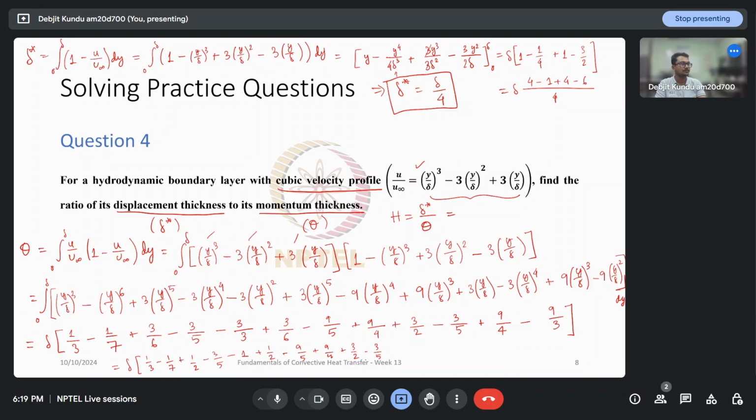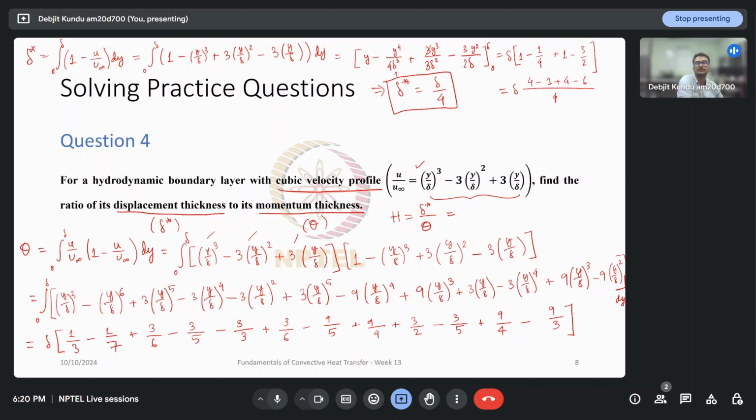Okay, these two minus 3 by 5s, let's arrange them. Or what we can do is take a common denominator and do this whole thing. So we have 3, 6, 4, 5, and 7.